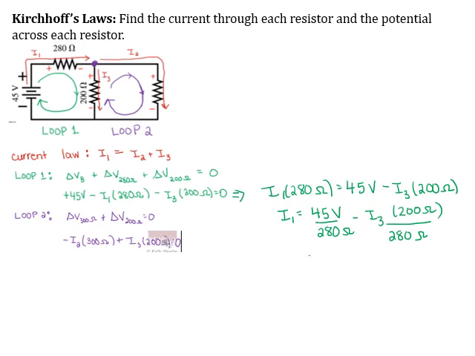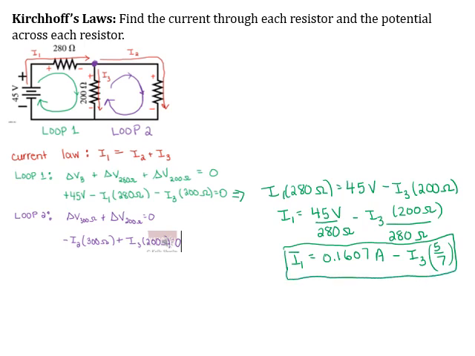Okay, so 45 over 280 is 0.1607 volts over ohms, that's an amp or an ampere, minus I3, 200 over 280 is 5 over 7. Like I've said before, I'm more of a fractions person, so I'm going to leave it as 5 over 7. If you prefer to put that in as a number, then absolutely no problem. Okay, so there's an equation for I1.